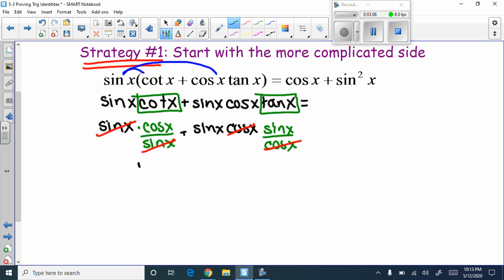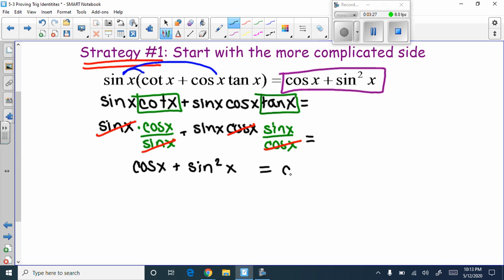And so now we're left with cosine x plus sine squared x, since sine x times sine x is sine squared x. Now take a look over here at the right hand side and notice that's cosine x plus sine squared x. So this is equal to that right hand side, and so we are all set.